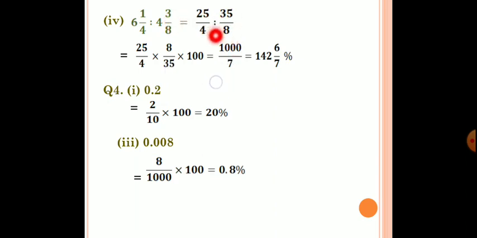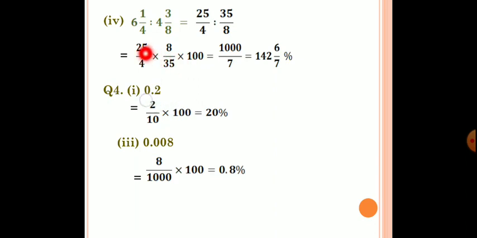Since it is in ratio form, we can write it in division, that is 25 by 4 divided by 35 by 8. Now we know that in division we have to convert the sign into multiplication, and as a result the second number is reciprocal. So we'll have 25 by 4 into 8 by 35 into 100.